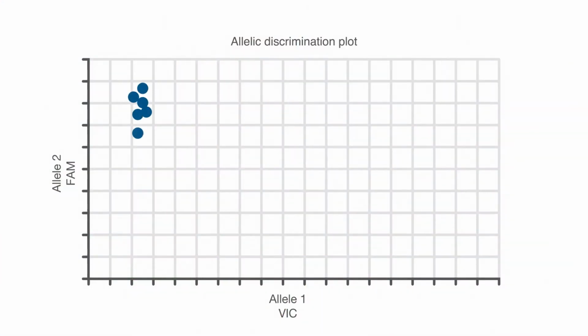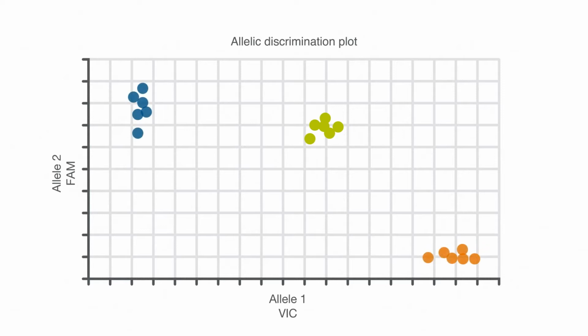Data can be collected in real time or offline, and the analysis is taken from the endpoint read of the fluorescence. The sample will either be homozygous for allele 2, which means we will see mostly FAM dye, homozygous for allele 1, which means we will see mostly VIC dye, or heterozygous, which means we will see about equal contributions of signal from each dye.